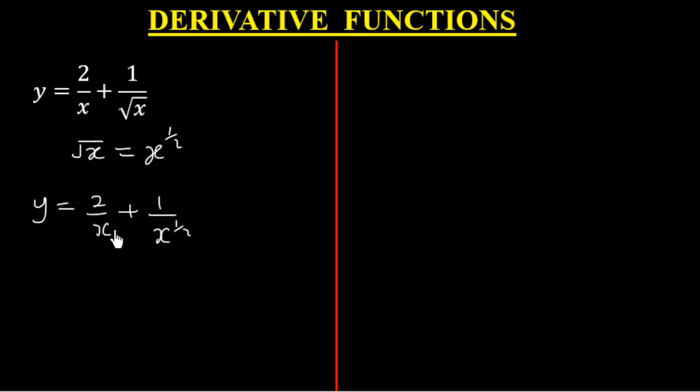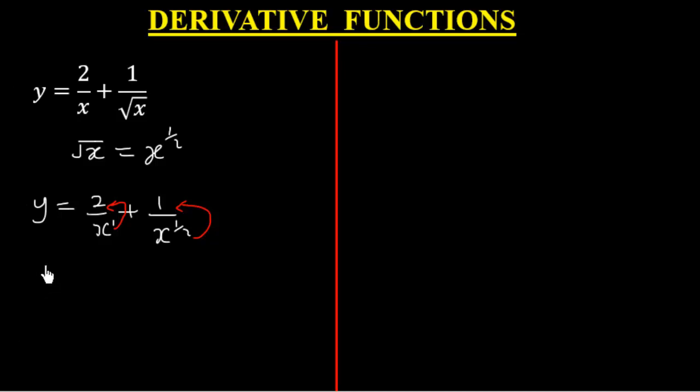And as we move them from the bottom to the top, the signs of their exponents have to change. So this is to the power 1, and as it moves to the top, the 1 changes to negative 1. And this one is to the power half, positive. So as it is moving from the bottom to the top, the exponent half will change from positive to negative half.